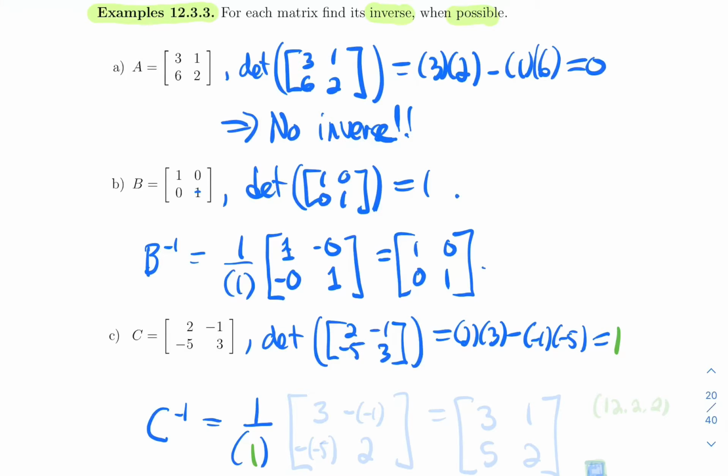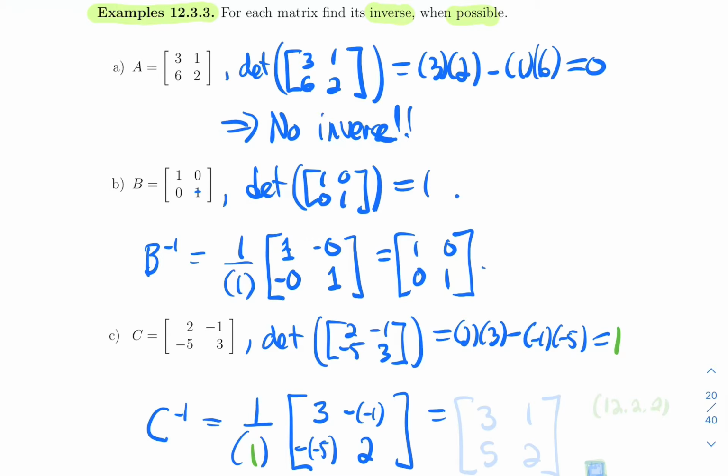And then for the rest, the way it works is you're going to swap the 2 and the 3, so the 3 goes up and the 2 goes down, and you're changing the sign of the other ones, so you're going to get minus -1 and minus -5. And then 1 over 1 is just 1, so you don't need to write it down.